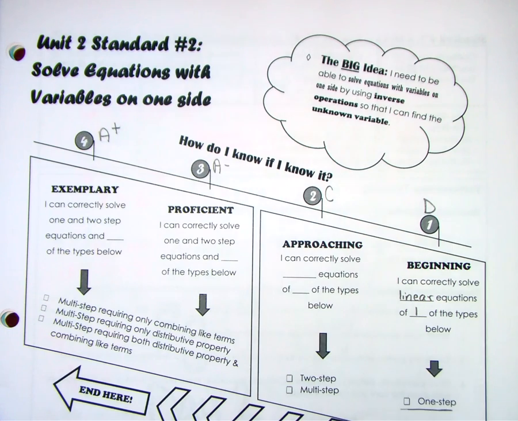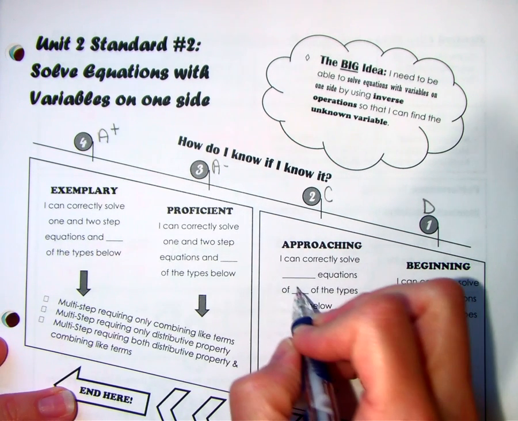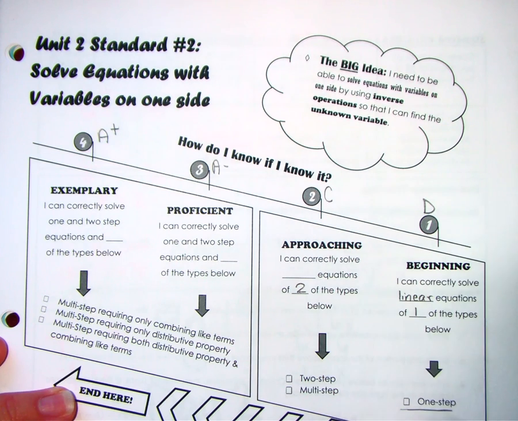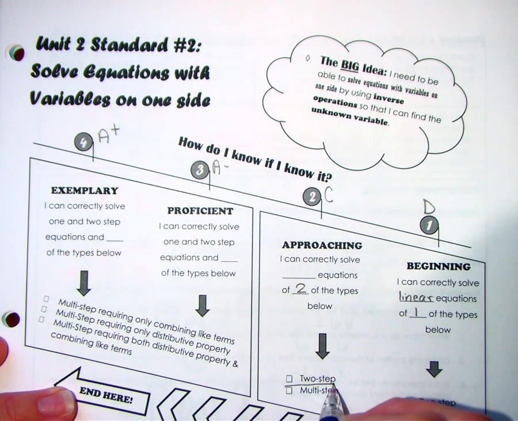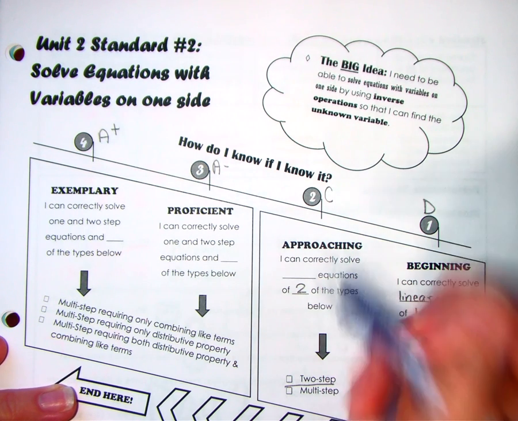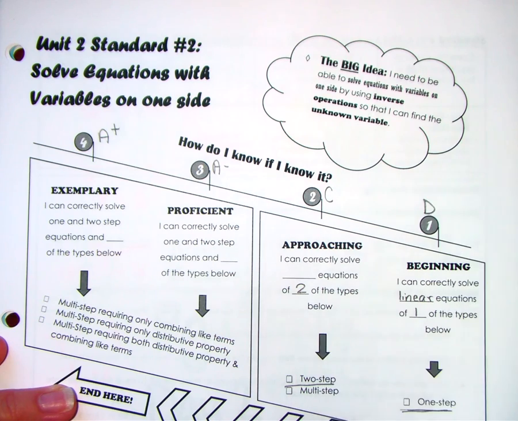Then on the second one, I can do two of the types below. So you can do one-step and two-step equations, which was an assessment that we took on levels 1 and 2 last week. And the highest score you could get was a 2, because we just see where we are at right now.